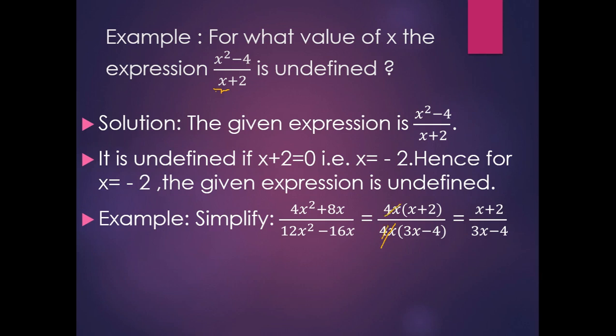And what remains? x plus 2 over 3x minus 4. This is our final answer. In this way we can easily simplify. We just need the knowledge of factorization of numerator and denominator, and after we factorize we can cancel the like terms, and we can find the simplified form.